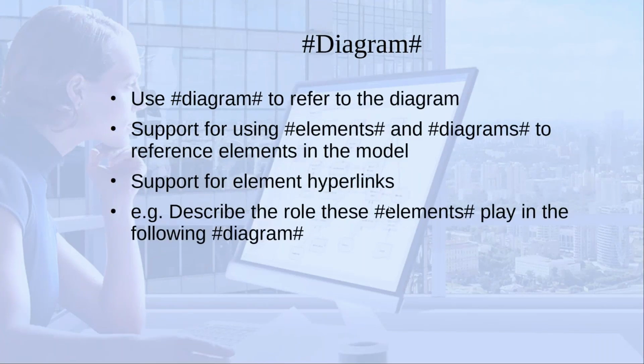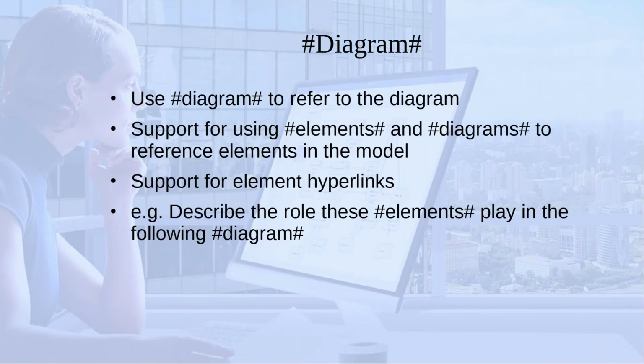Some of the things that we're going to look at is things like use hashtag diagram hashtag to refer to a diagram. And there's support for using hashtag elements and diagrams to reference elements in the model directly and pass that information to the large language model. There is also support for element hyperlinks, so you can simply copy any element on a diagram and paste it in as a hyperlink, and that allows you to refer to multiple elements.